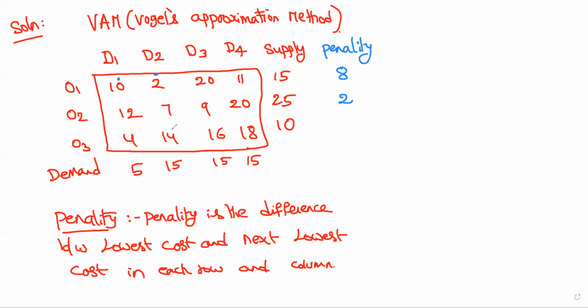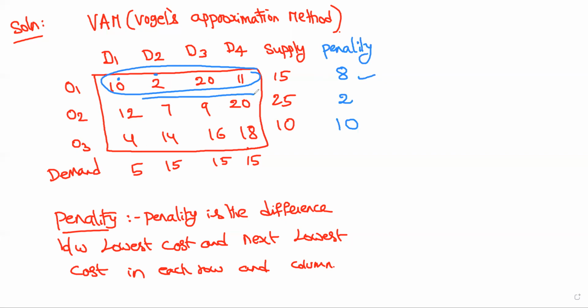Next you have to see the third row. The least element in the third row is 4 and the next least element is 14. The difference is 10. So in each row, first identify the least element and the next least element. First row: 2 and 10, the difference is 8.